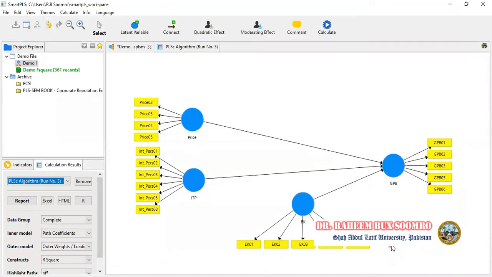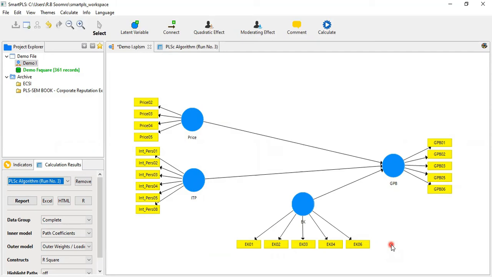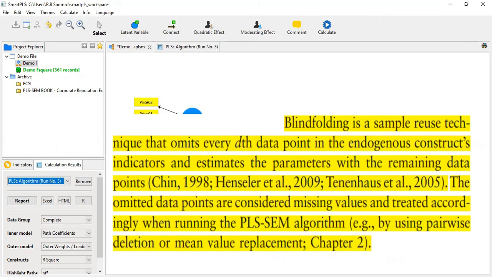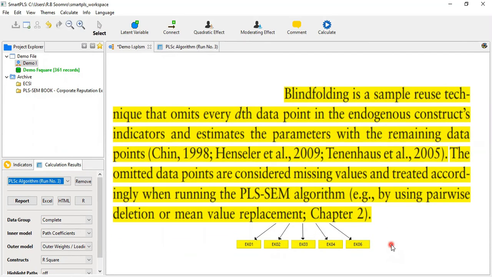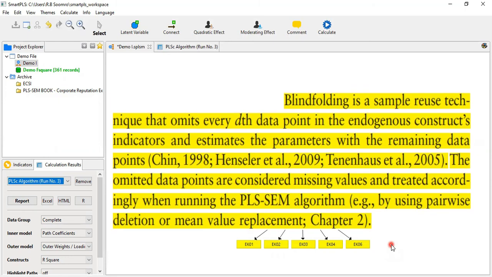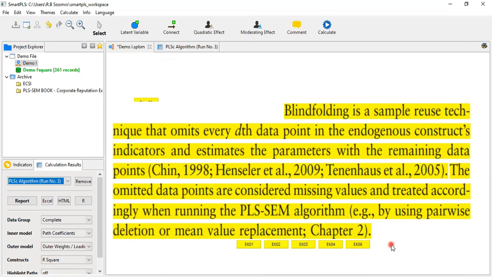The omitted data points are considered missing values. Whatever every 7th point the software deletes, it considers as a missing value. It treats it either by pairwise deletion or by replacing the deleted point with the mean.